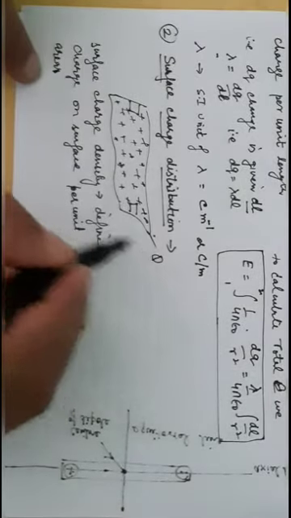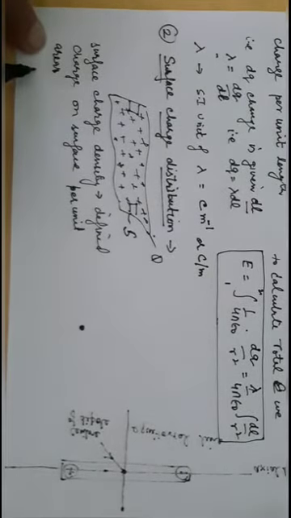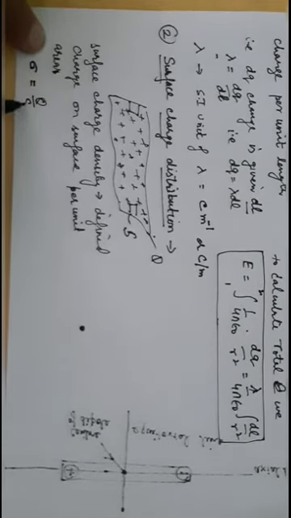Suppose Q charge is given to the surface and the area of the surface is S, then the surface charge density, represented by sigma, is equal to Q divided by S.